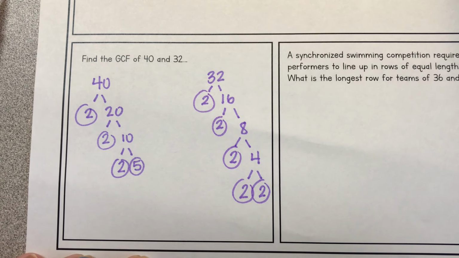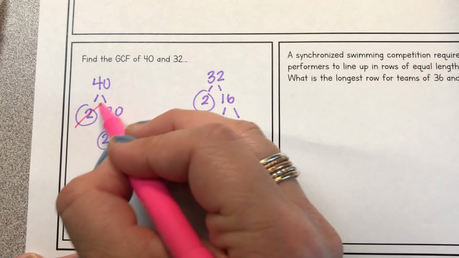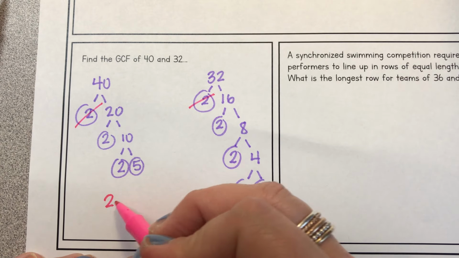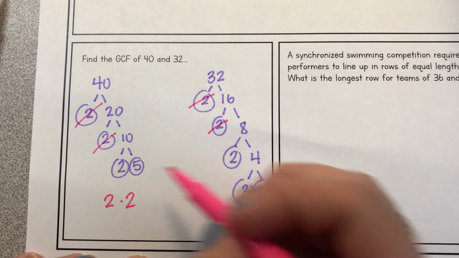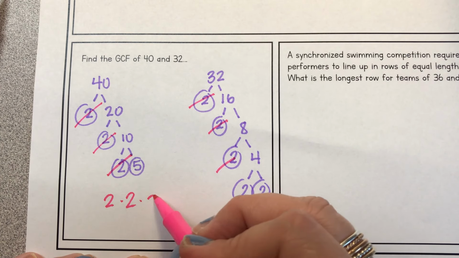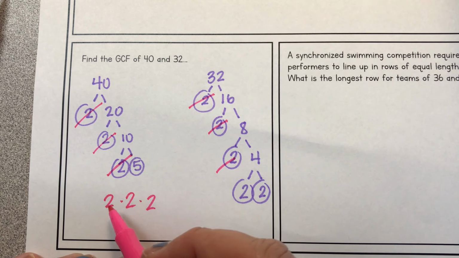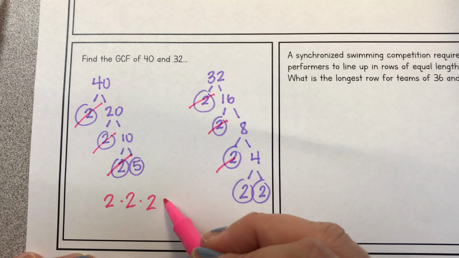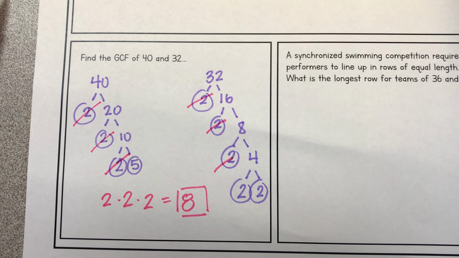Now what can I pick off both of the trees? They both have a 2. They both have another 2. They both have another 2. Is that all they have in common? Yes. 2 times 2 is 4 times 2 is 8. So that is my GCF.